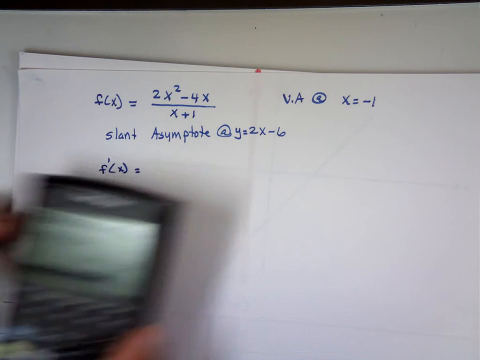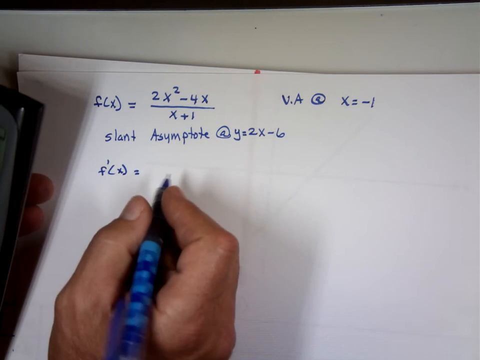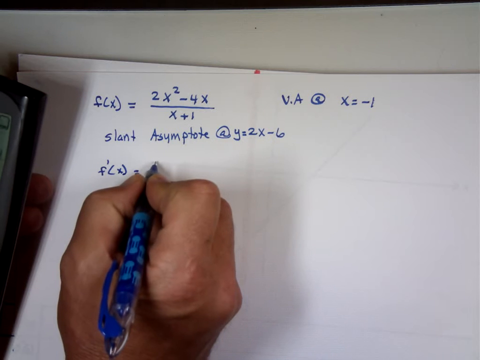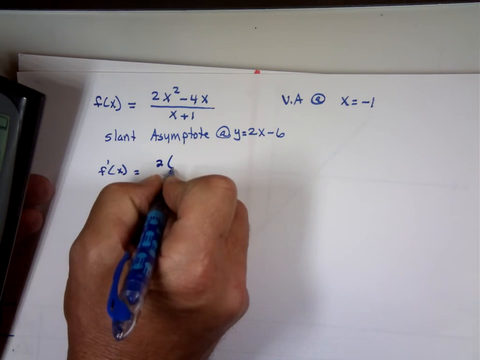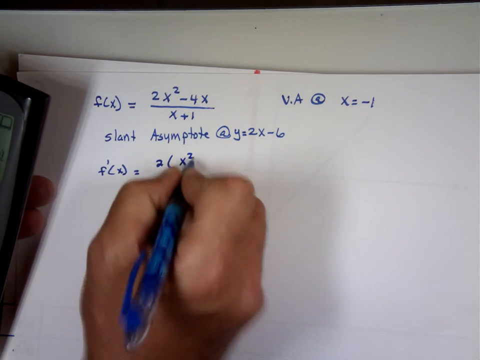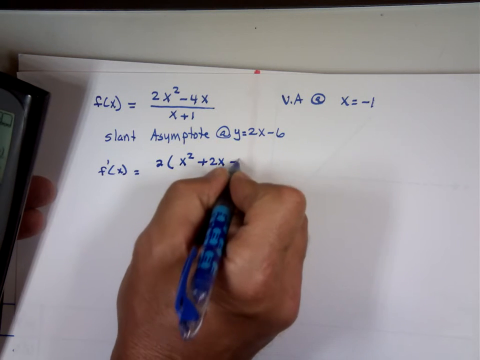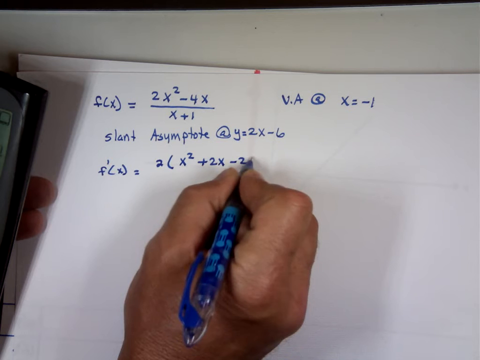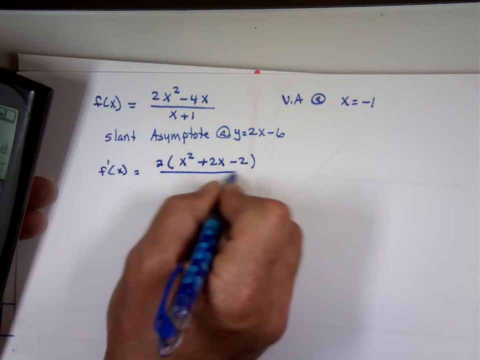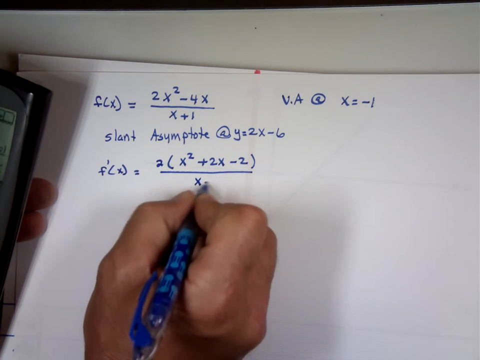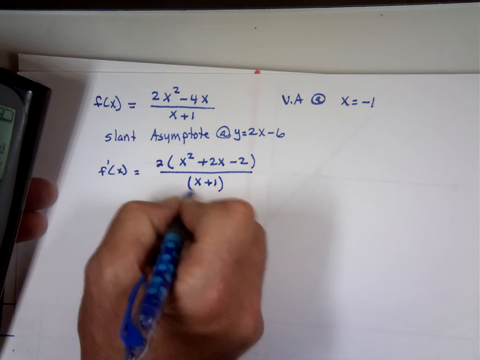The answer is 2 times x squared plus 2x minus 2, all of that divided by x plus 1 squared, if you simplify it.